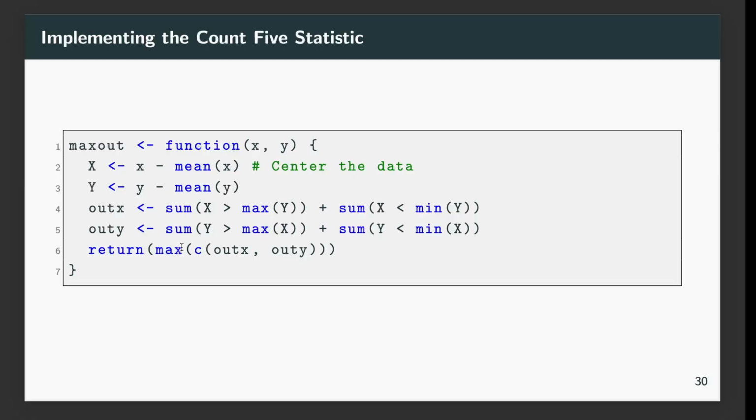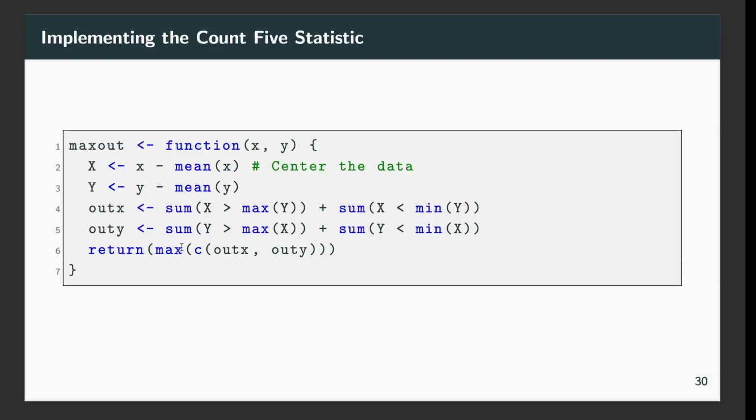This function is quite clean and quite efficient. Number one, the centering step is very important. Let me explain a little why. Let's say x has a mean of 10 and y has a mean of 0, but both have a variance of 1.